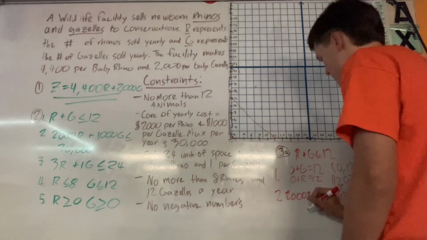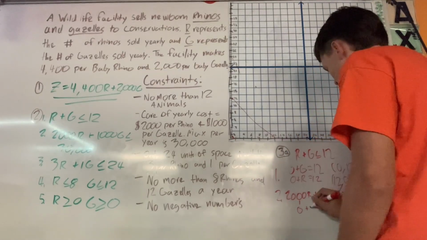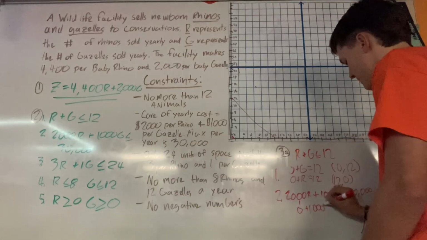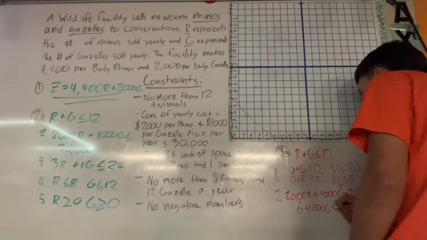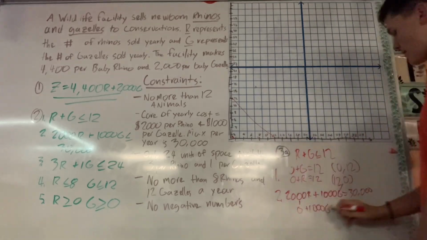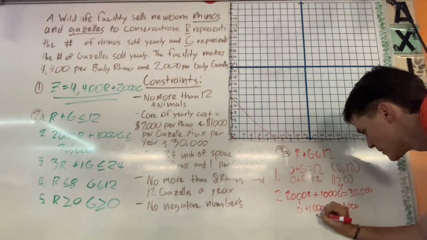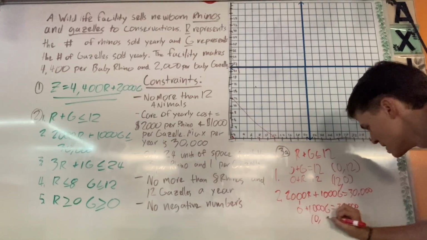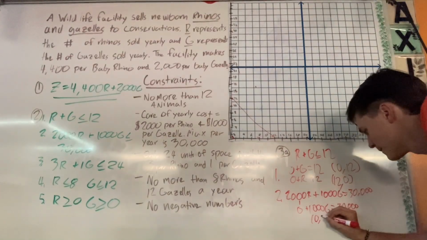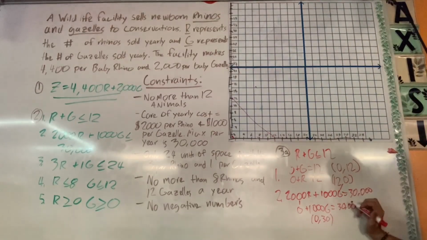Same thing, we set R equal to 0, so this will end up being 0 plus 1,000 G, and then that'll be equal to 30,000. So we can derive our points. We know that when R is equal to 0, G is equal to 30, just by division. Same thing, we can set G equal to 0.